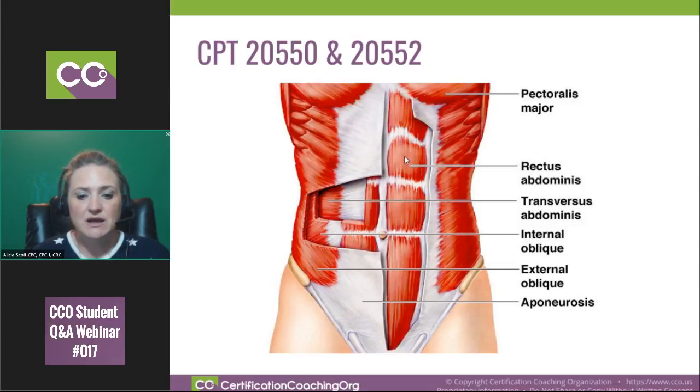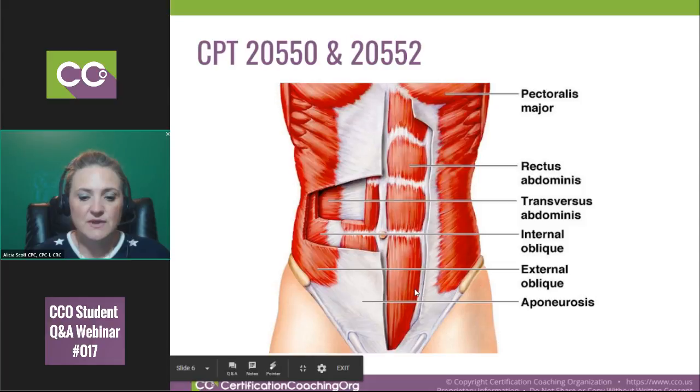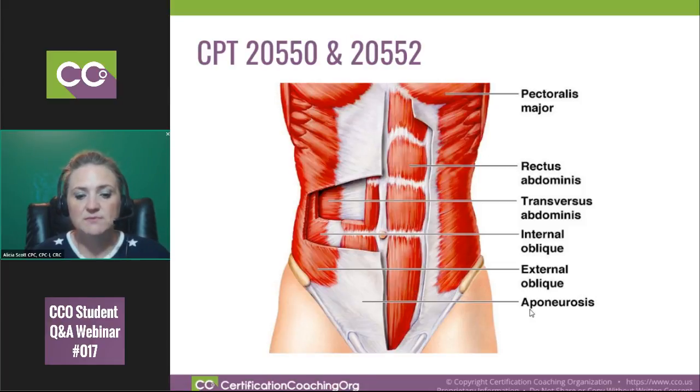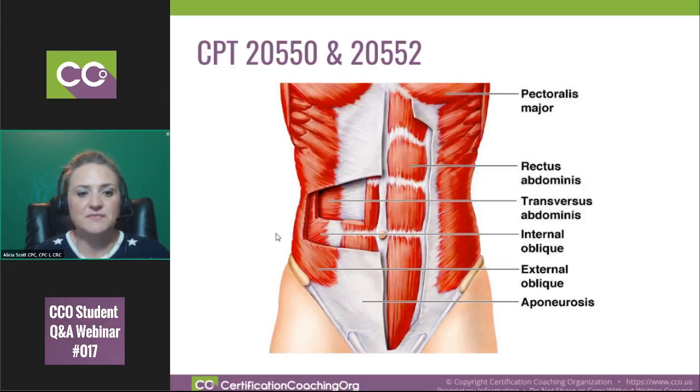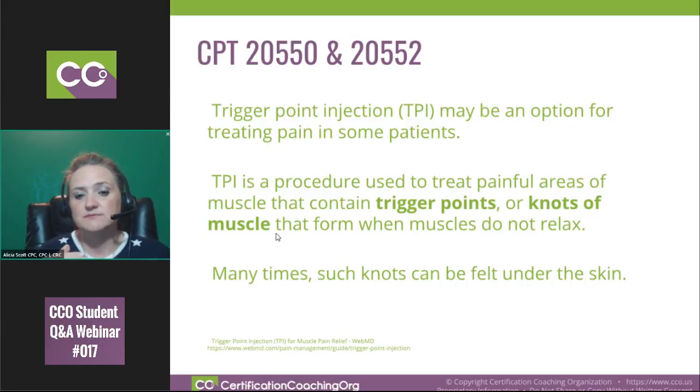There's the rectus abdominis, which is abdominal muscle, but all of this white stuff here is the aponeurosis. Again, that can become inflamed as well. And that's where the second part of the information comes in for that first code, 20552. So we're working with injecting something into that tendon sheath or that tissue that connects the muscle.